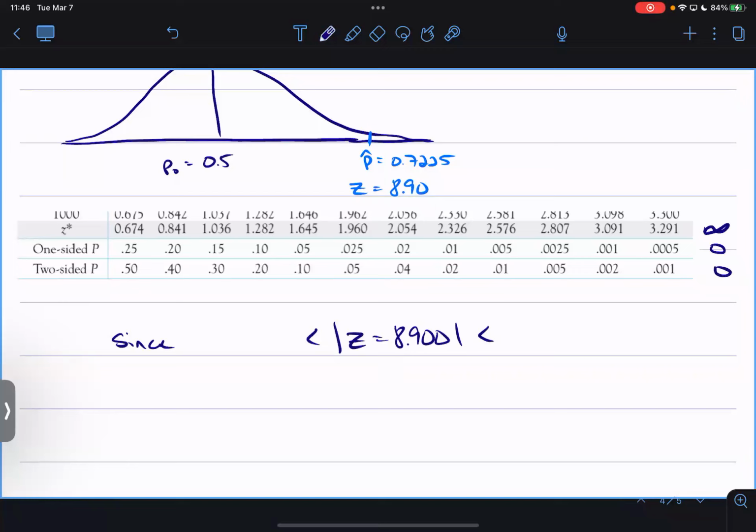And so you can finish off the table if it's helpful. Now what are you going to say? Z of 8.9 is between 3.291 and infinity.